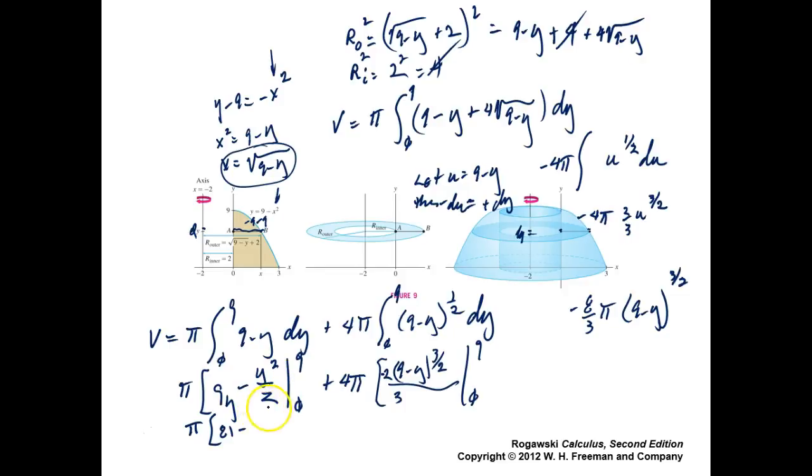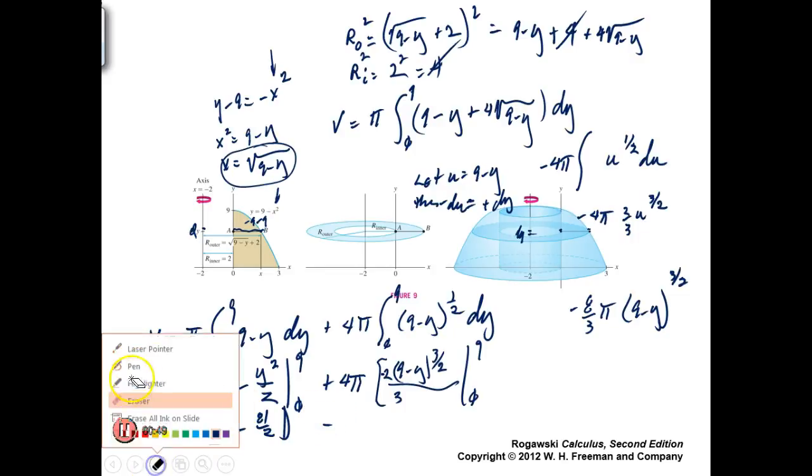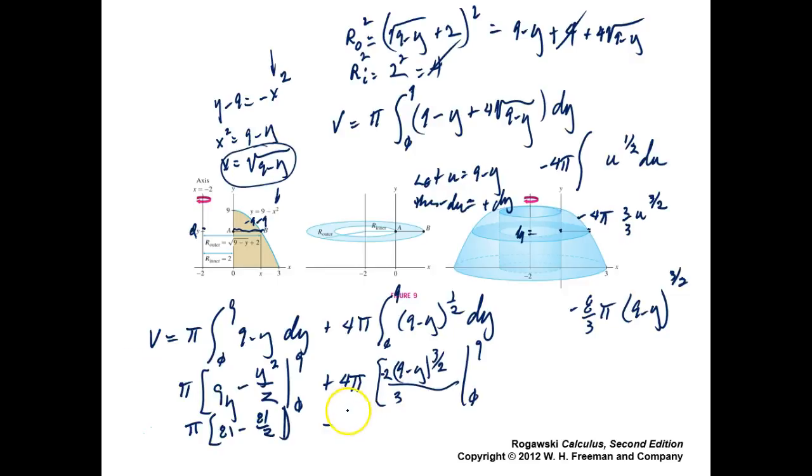Oh, you already did that. We'll come back and do that in a second. I'm going to put a minus here. Minus 8/3 pi. I pulled the 2/3 out with that, okay? And then this will be what?